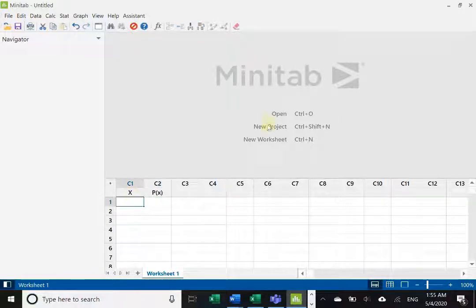Now, these you have to actually input. You could actually import your data into Minitab if you have it in Excel or what have you.